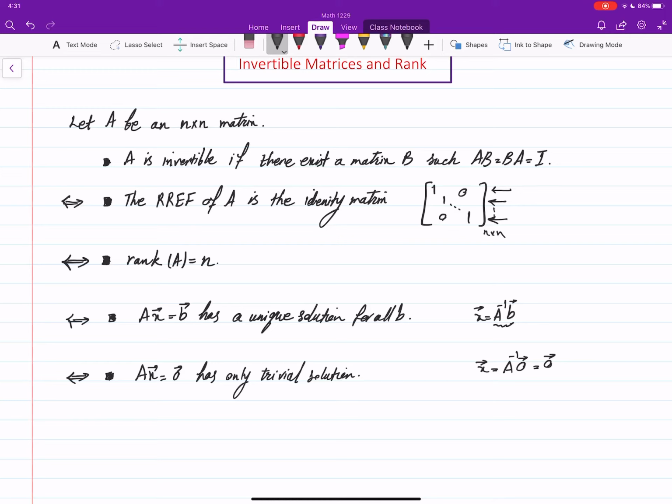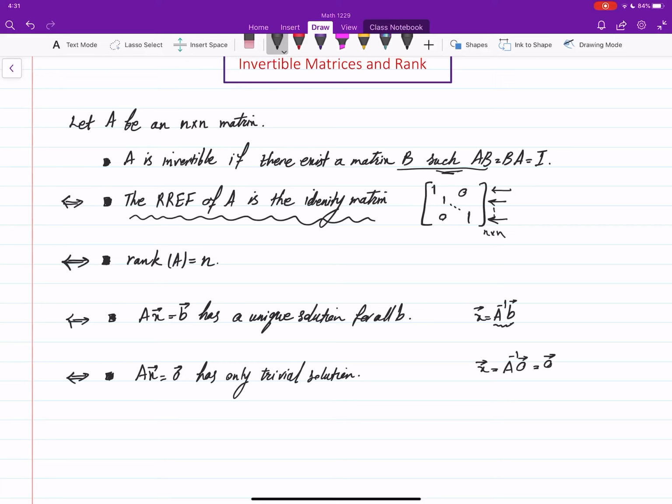So whenever someone tries to check whether a matrix is invertible or not, you can start with this definition, which was, well, difficult to check, or you can check it by row reducing the matrix and seeing if it is the identity or not.